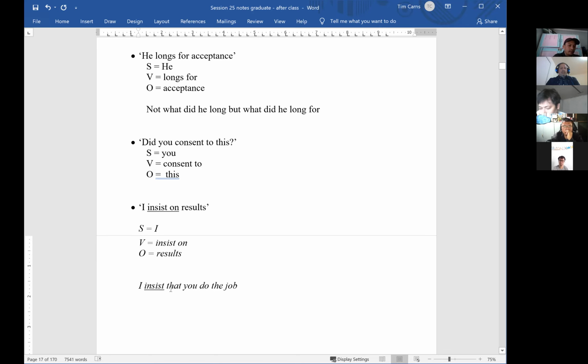Because that is something different now. That's a direct object marker. It's introducing the direct object, which is what do I insist? Just like Robbie said a minute ago, what do I insist? That you do the job. That's the object.